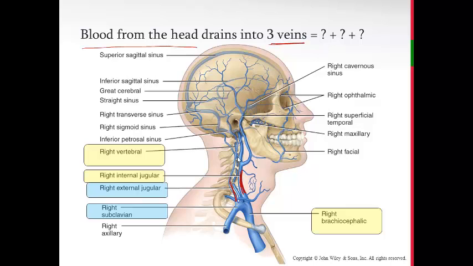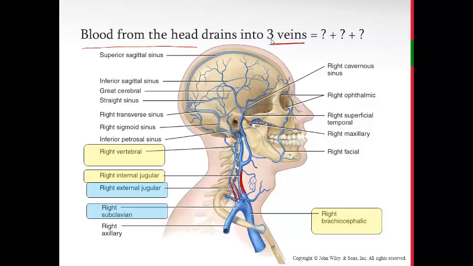And we have another one in between that runs in the vertebral part that drains right here. So this is your vertebral vein. Okay, so right internal jugular, right vertebral vein, and the right external jugular.